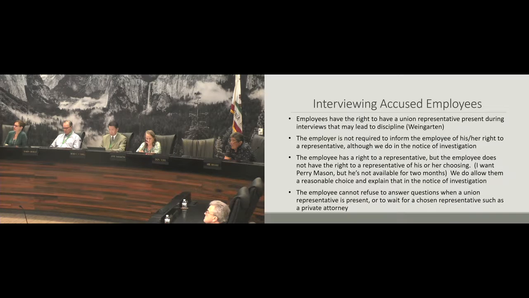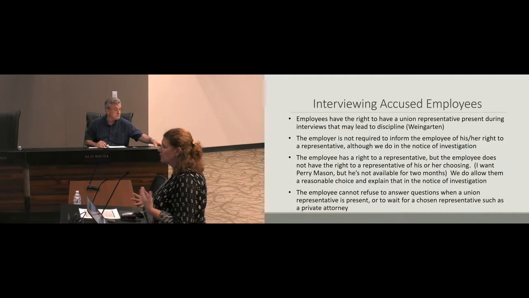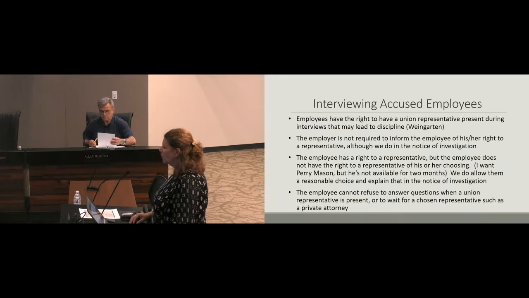So although we don't have an affirmative obligation to inform the employee of their right to representative, our notice does say that, and we typically have a relationship with the union representatives where we try to schedule the meetings and the discussions at a mutually agreeable time. We really work to do that. The employee does not have a right to a representative of his or her choosing.